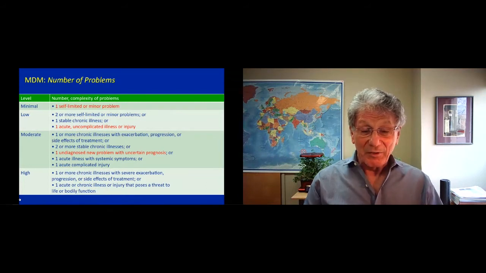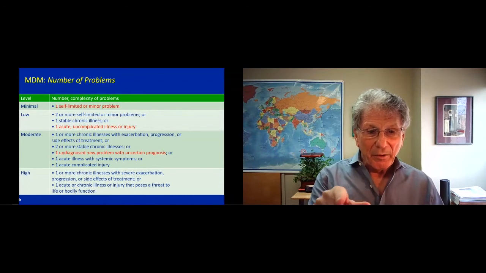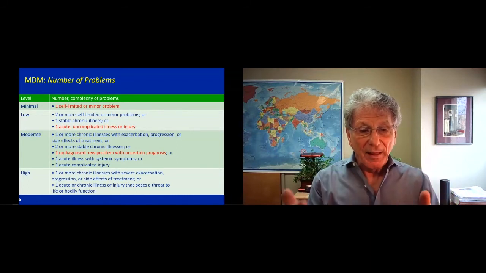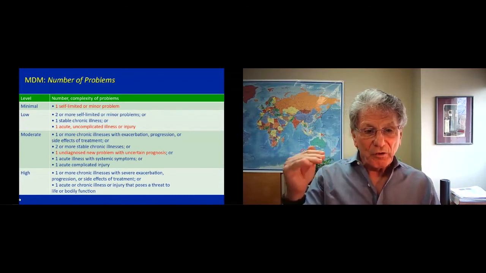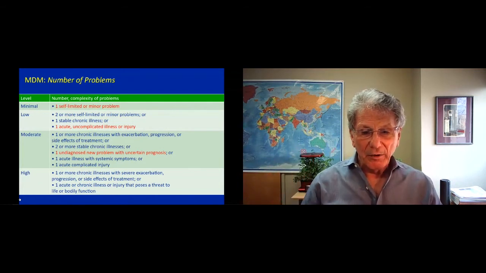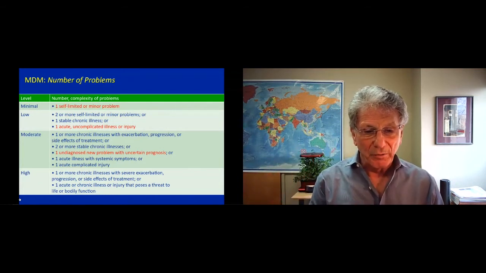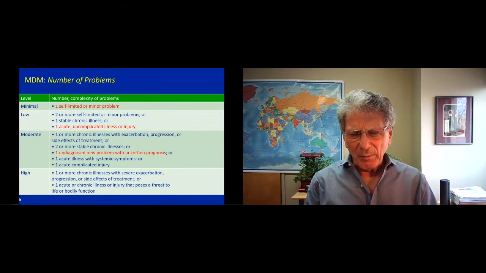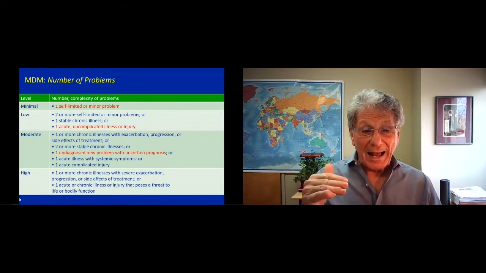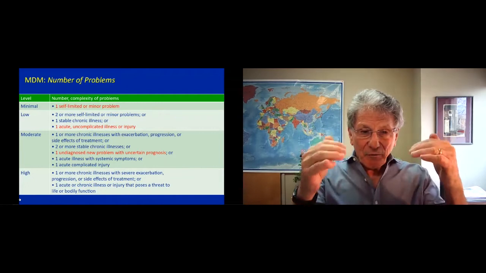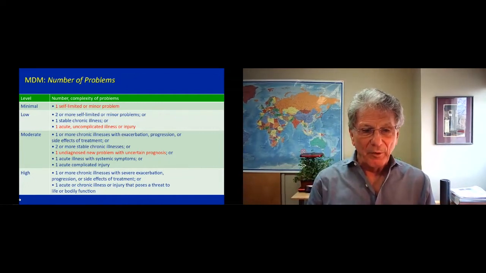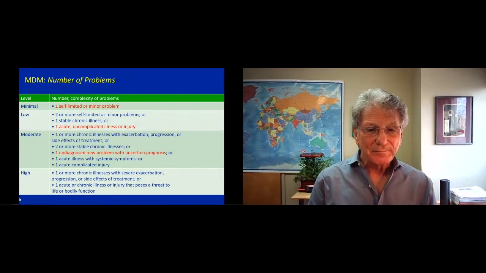So that's going to take me some time to figure out, and that's going to end up being a moderate level in this first element, which is an undiagnosed new problem with an uncertain prognosis. And there are certain things that won't help us very much that are considered to be a high number of problems. So that's the first column, so to speak, the number of problems. Next slide.